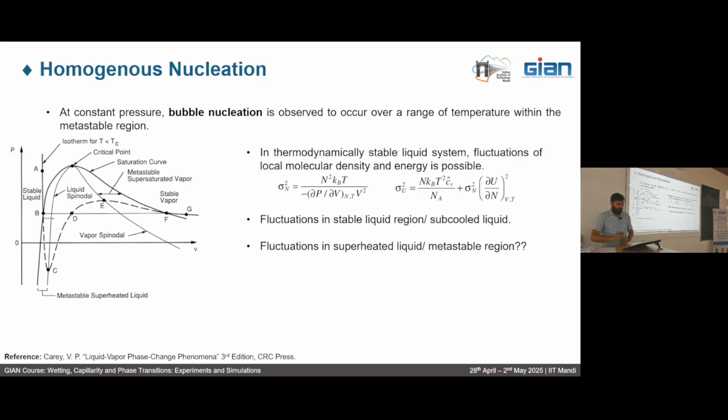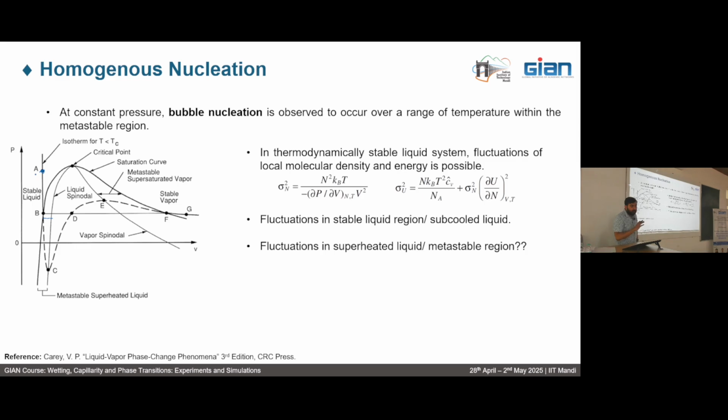We have already discussed in the last class that fluctuations in the number of molecules and in the energy occur. Now, if those fluctuations occur somewhere in the stable liquid phase, let's suppose at point A, the fluctuation is so small that it will still be in the stable liquid region.